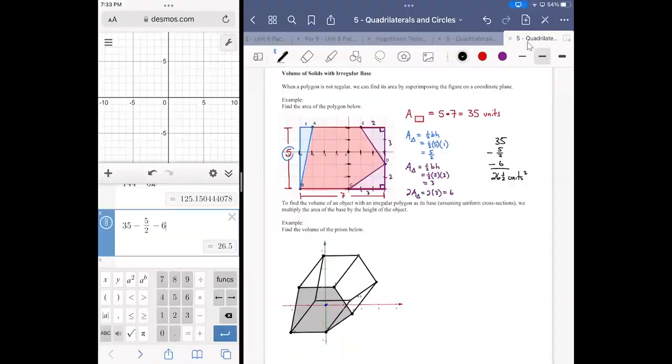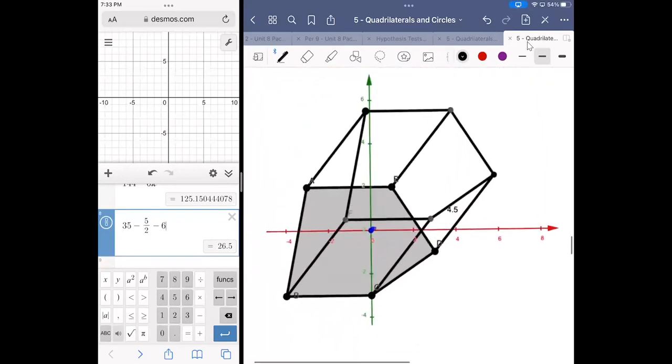Okay, so when we're looking for the volume of this prism, we're really first looking for this base area here. I have to figure out what this base area is. And then I'd have to investigate to make sure that that is a consistent cross section throughout the entire figure, so that I could just multiply it by its height.